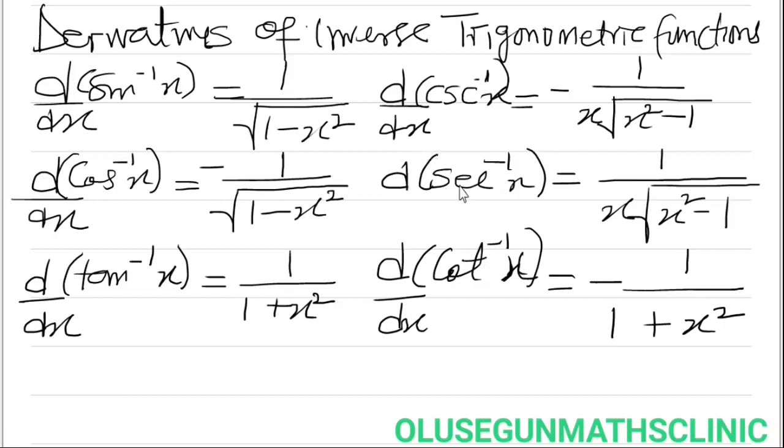The derivative of inverse sec x is 1 over x times the square root of x squared minus 1, and the derivative of inverse cot x is minus 1 over 1 plus x squared.